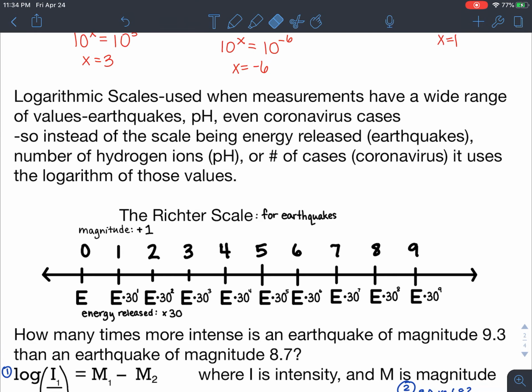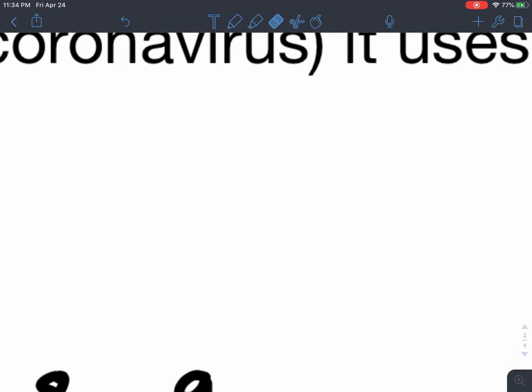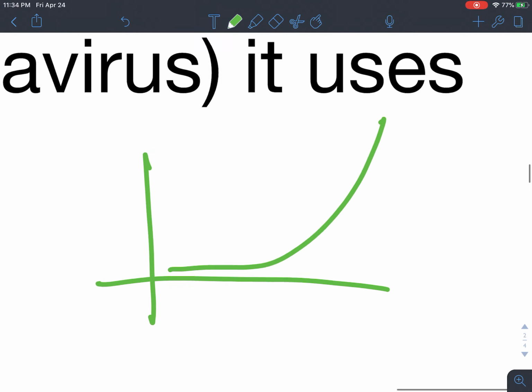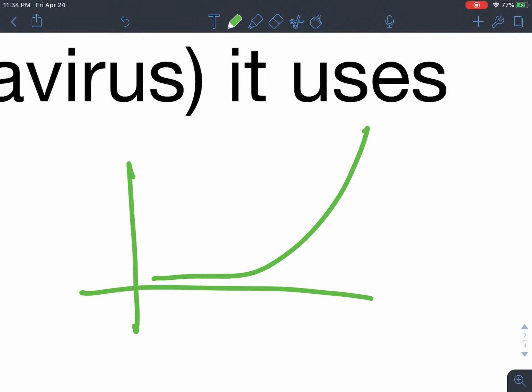So I'm sure you've seen some graphs of the number of cases of the coronavirus that look like this. And I'm sure you've heard flattening the curve. So what they're trying to do is get this exponential curve to turn this way and flatten and then come back down. There's so much math involved here.